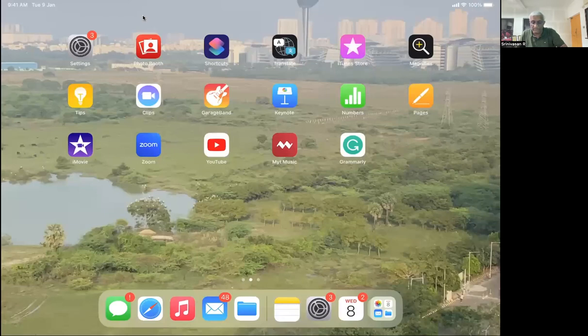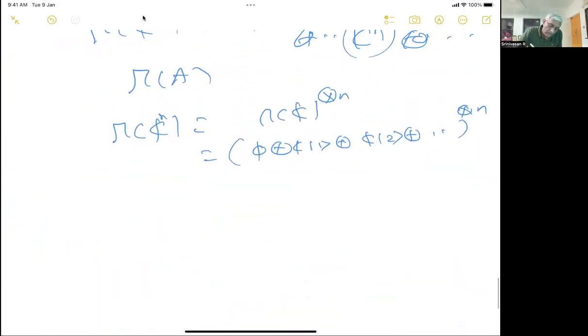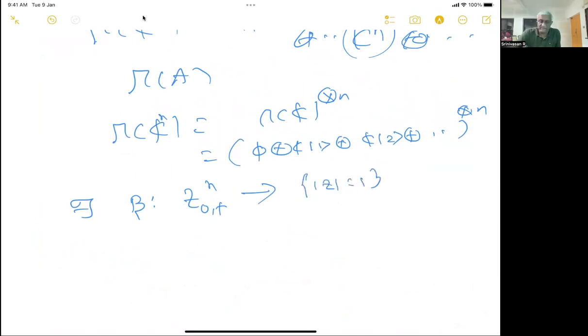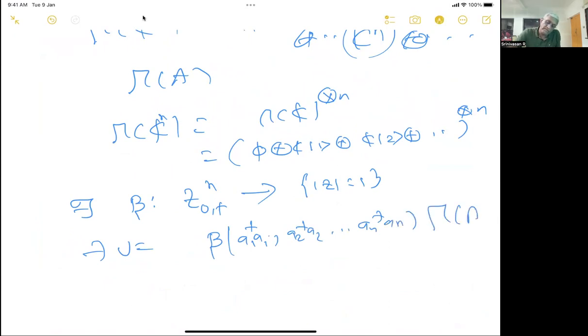So there exists a beta from Z0 plus n to the circle, the set of complex numbers with modulus equal to 1, such that U is equal to beta of A1 dagger A1 up to An dagger An, which we defined already, times gamma of some A. This is what we wanted.